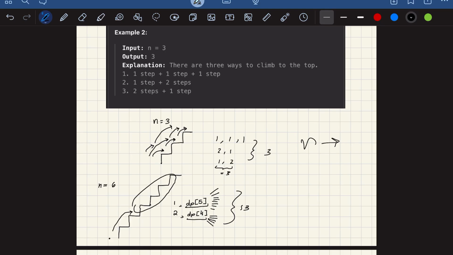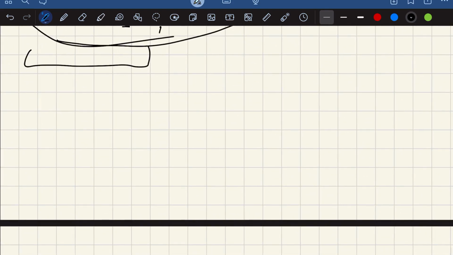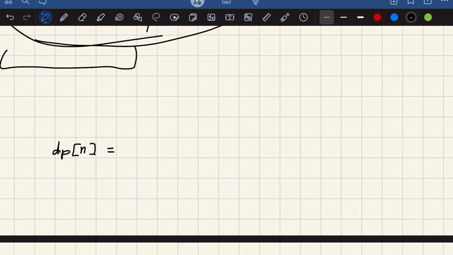Now, the important part here to notice is we need to identify something called a recurrence relationship, and in this case, that just means what is dp of n equal to? That just means we need a relationship between dp of n and some dp that has an n that is smaller than the original n.